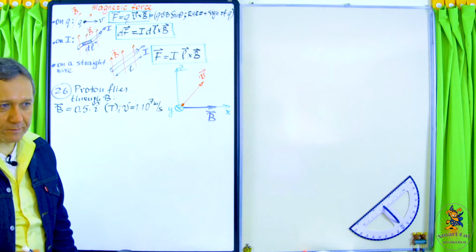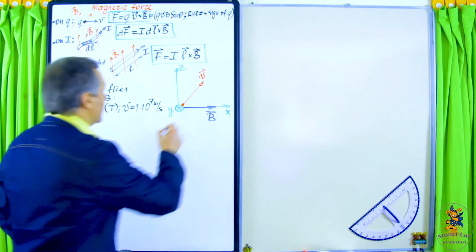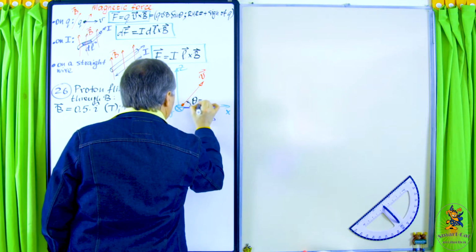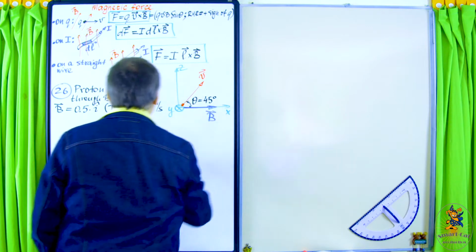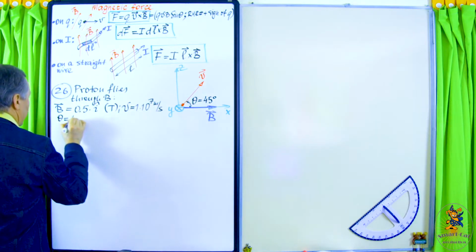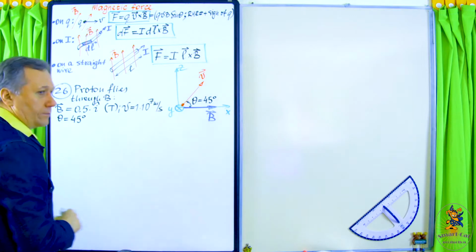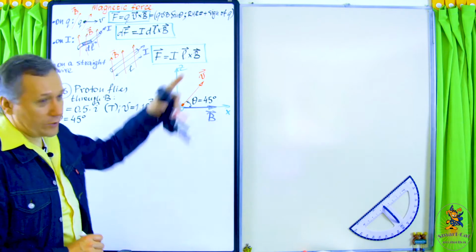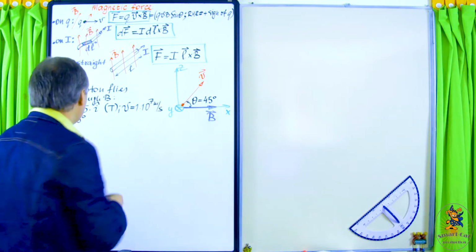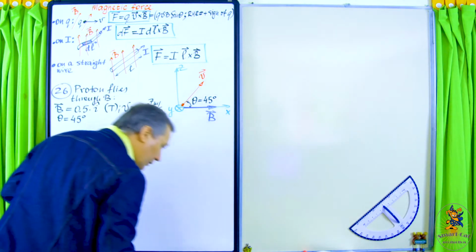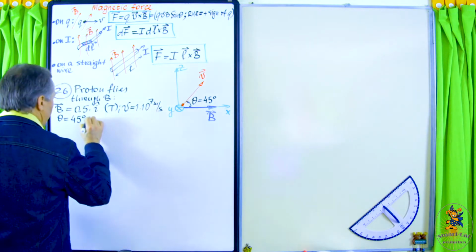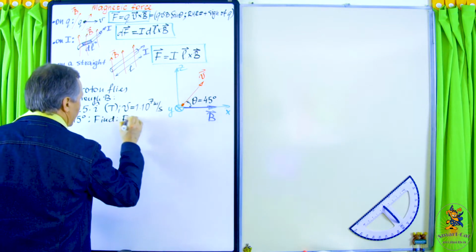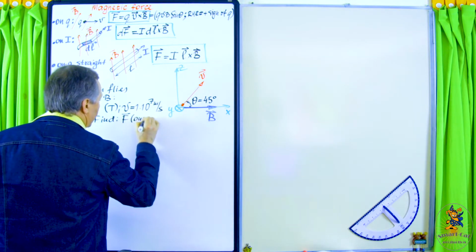And this angle theta is 45 degrees, between the x-axis and the direction of velocity. So we need to find the force. That's what is given, nothing else, of course. We need to find F on the charge.